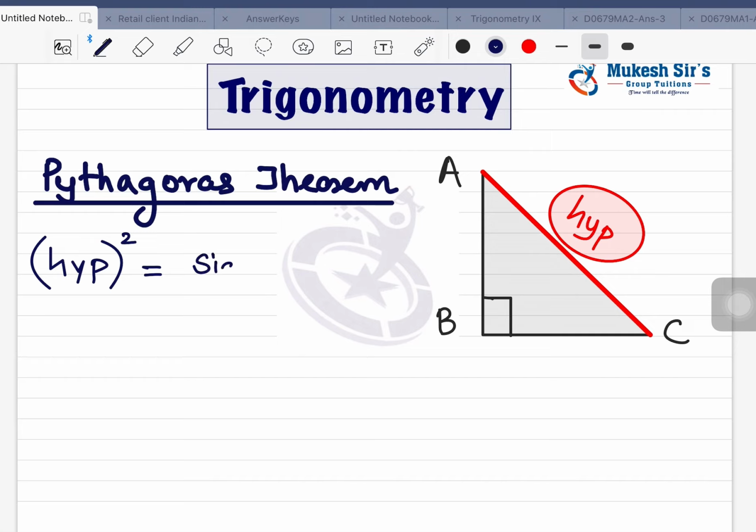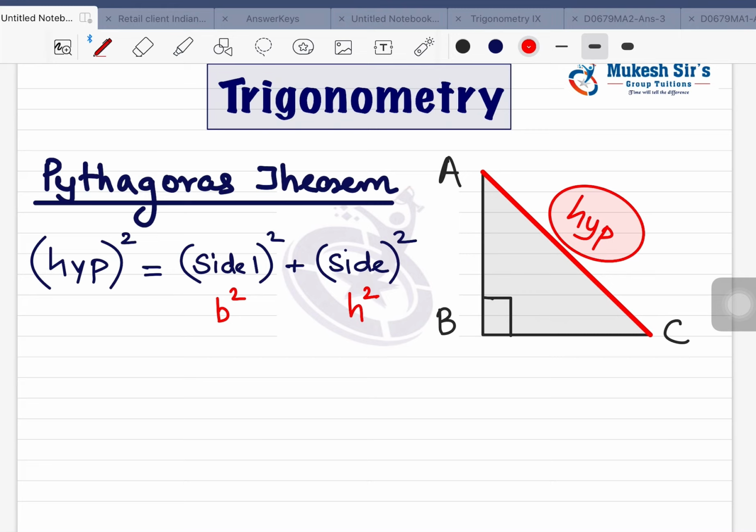So you can write side 1 square plus side 2 square. Or some students say hypotenuse square is equal to base square plus height square. Okay. So hypotenuse square is equal to base square plus height square.